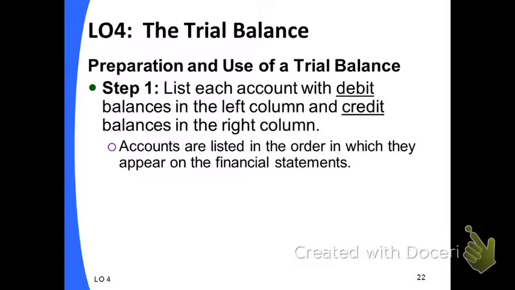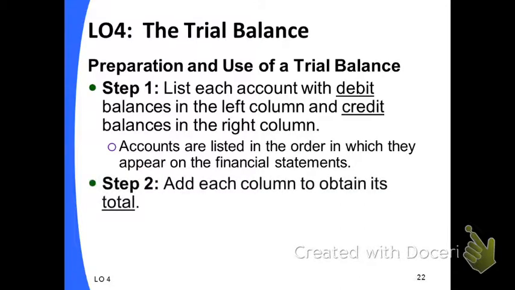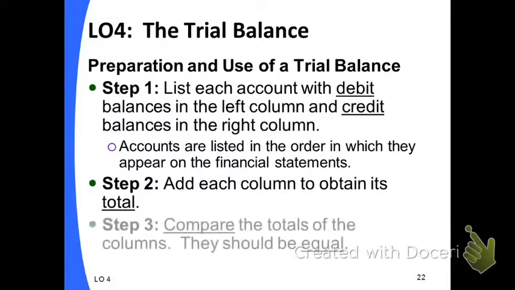The accounts are listed in the order in which they appear in the financial statements, which typically is assets, then liabilities, then stockholders' equity, then revenues, and then expenses. The second step is to add each column up to obtain the total, and then that total should equal each other.